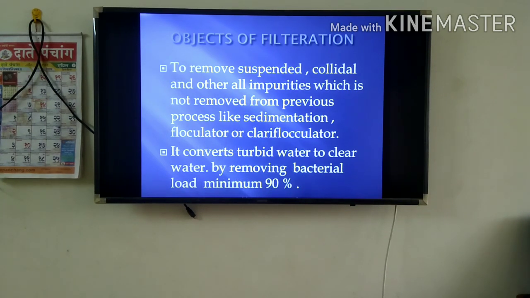The objects of filtration are, first, to remove all kinds of suspended, colloidal and other impurities which are not removed by previous processes like sedimentation, flocculation or clariflocculation. It converts turbid water to clear water by removing bacterial load up to a minimum of 90%.